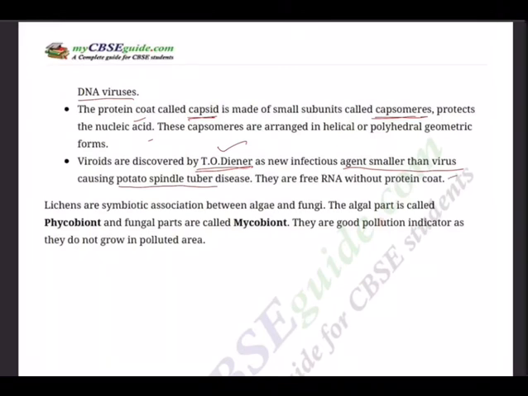There is no protein coat. And viroids are considered to be the smallest self-replicating particles. You must remember this: smallest self-replicating particles. They are infectious RNA particles without any protein coat. So viroids are obligate parasites.